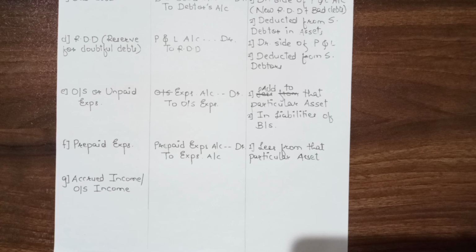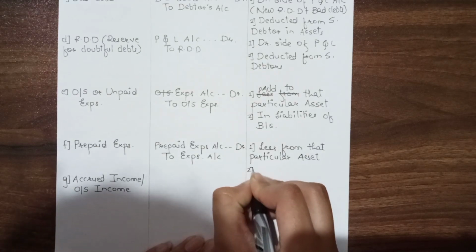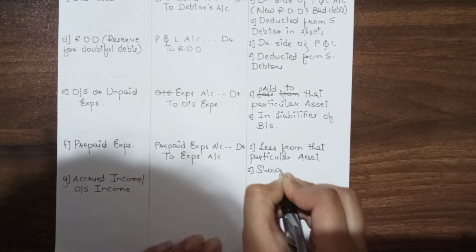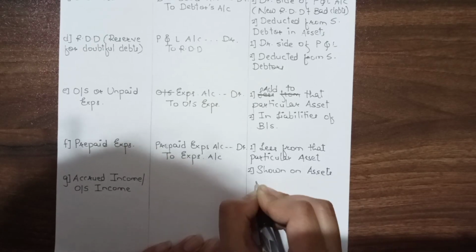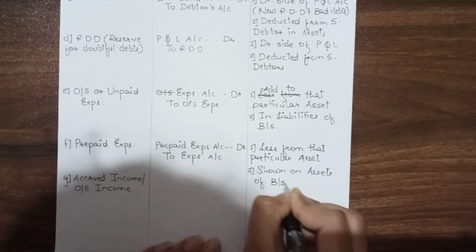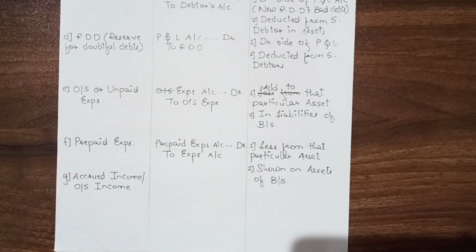And the second effect is shown on the asset side of the balance sheet. Now why in the asset side? Because we have prepaid this amount, the extra amount is being given. So in future, if you require that amount, you will definitely demand it. That particular person will definitely refund that amount to you. So that is going to be your asset.